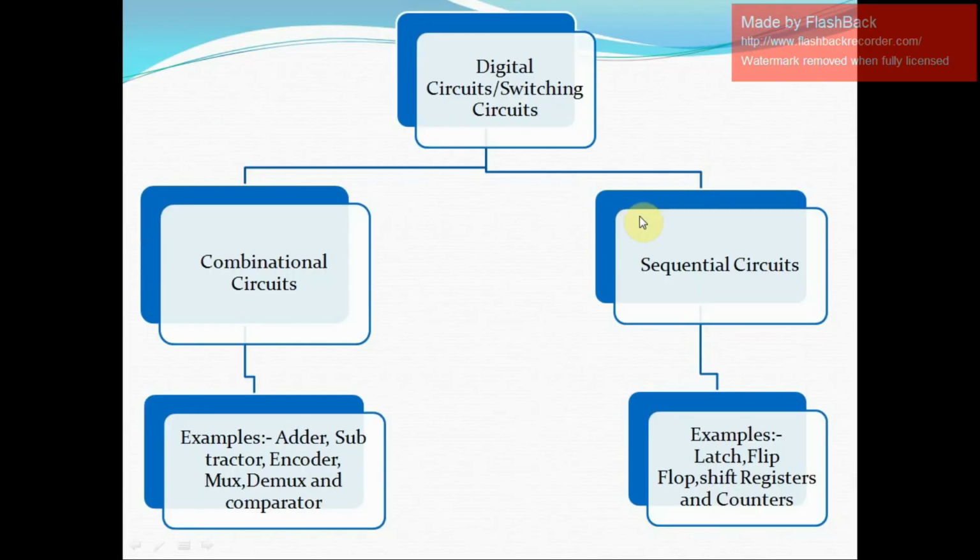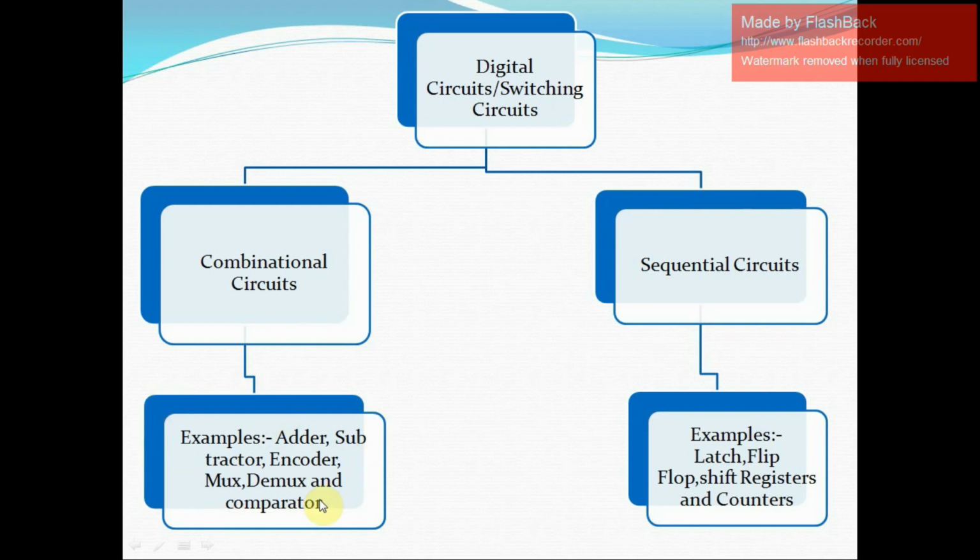Before starting the actual contents of sequential circuits, let's know that digital circuits, sometimes also called switching circuits, are mainly classified into two different types. One is combinational circuits and another is sequential circuits. In combinational circuits we see different examples like adder, subtractor, encoder, mux, demux as well as comparator.